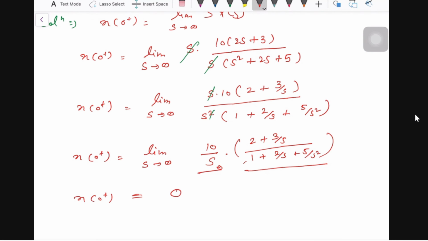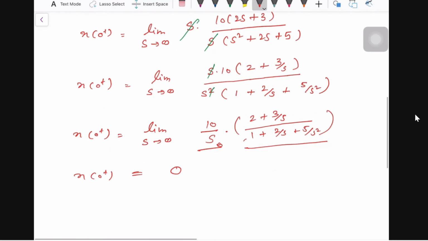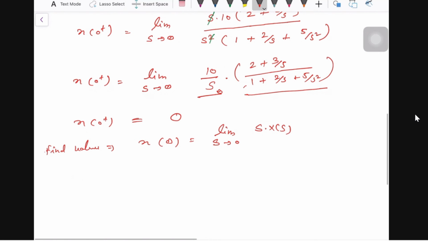Now if you want to calculate the final value, for the final value you want to calculate x of infinity. What was the formula? Limit s tends to 0 s X(s). So what was the value of limit s tends to 0 s X(s)?